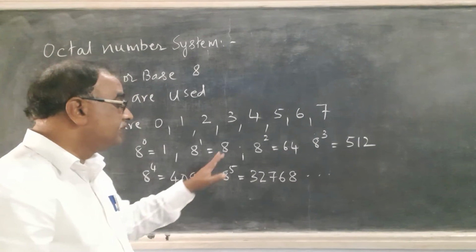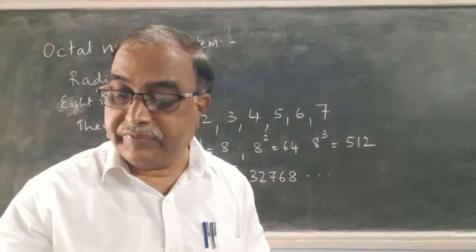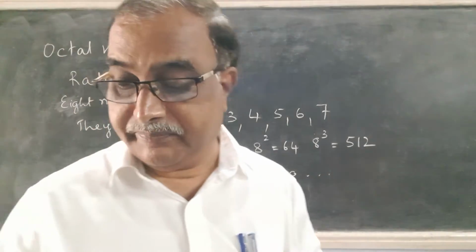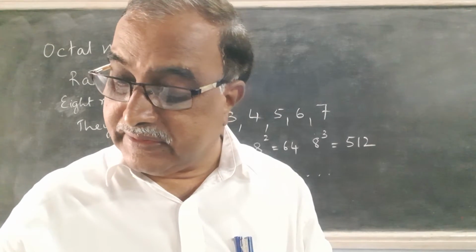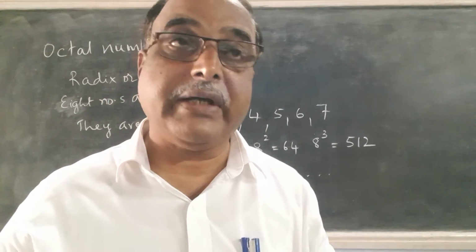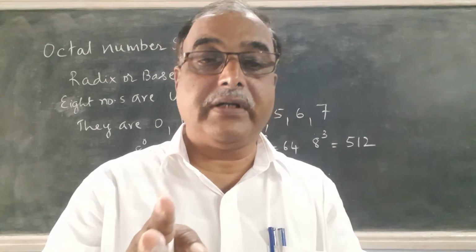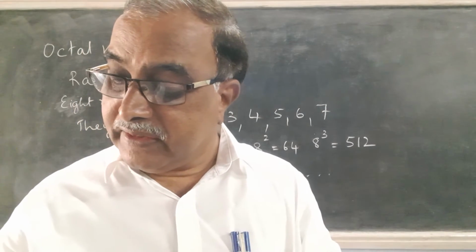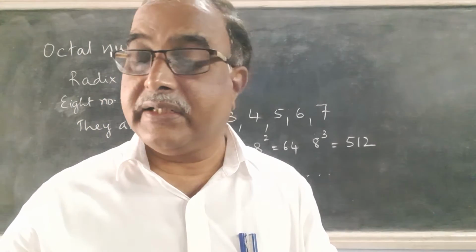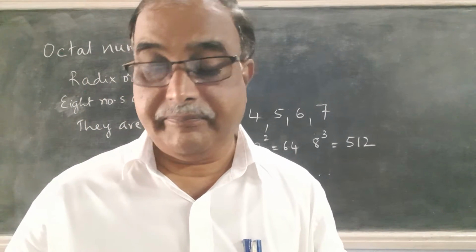As I told you, the octal number system is frequently used in digital circuits for two principal reasons: it can be easily converted to binary, and there are fewer significant digits in any given octal number.